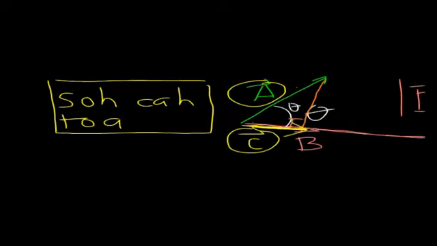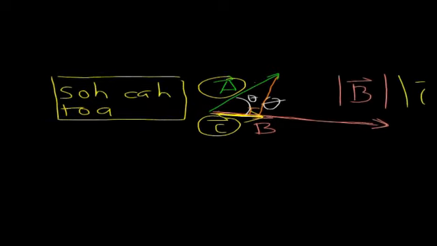Tangent, TOA, is opposite over adjacent, the orange again, and the adjacent side, the yellow vector C, also doesn't relate A to C. So we use cosine.